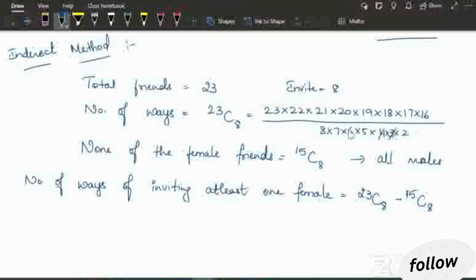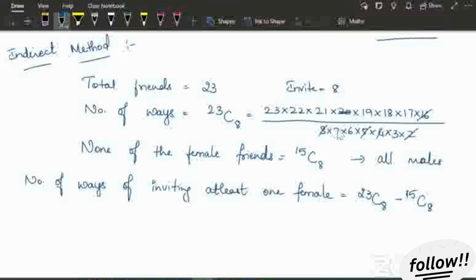Now 4 into 3, okay, this doesn't get cancelled. So 4 into 3 into 2. Now 16 is 8 into 2. That gets cancelled. And then I will cancel 4 5s are 20.